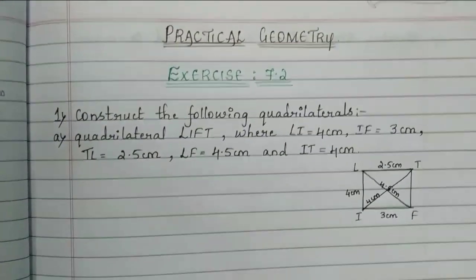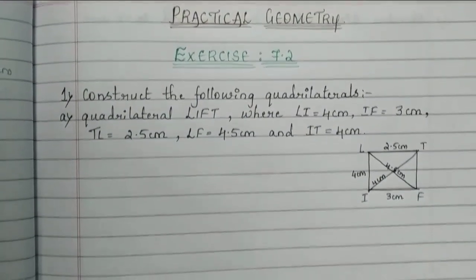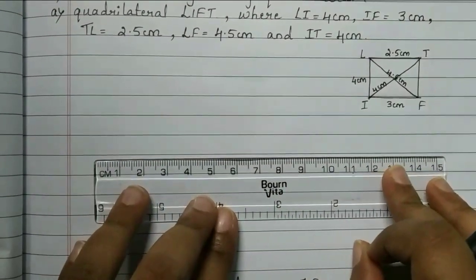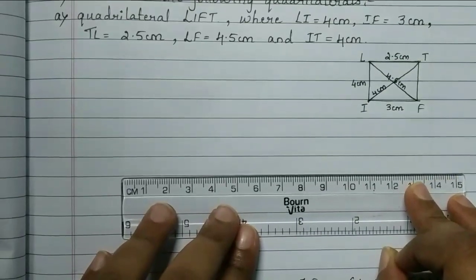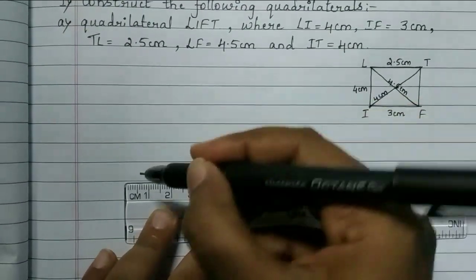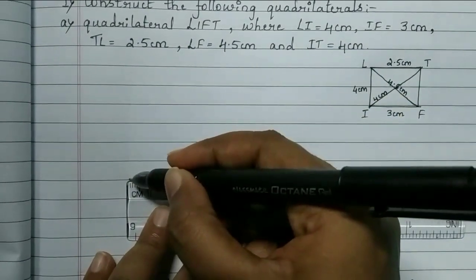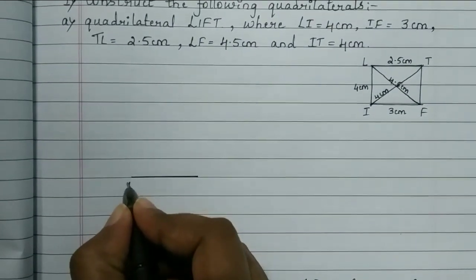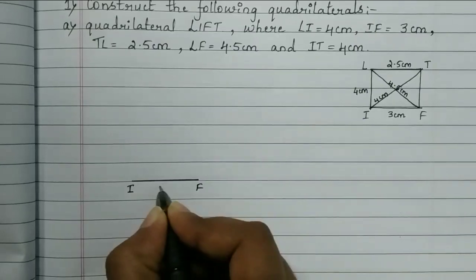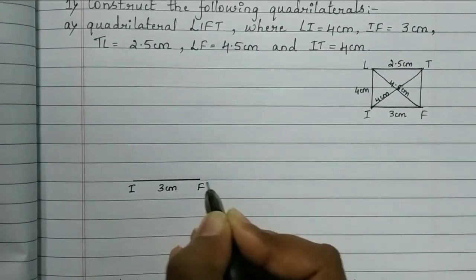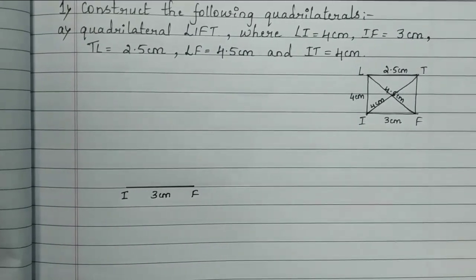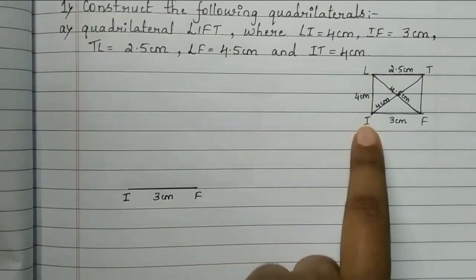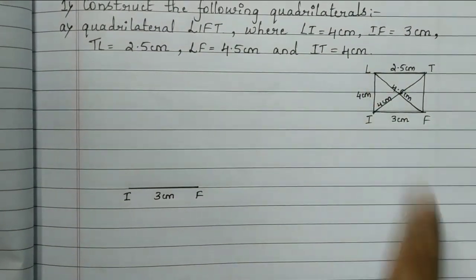The first thing we need is IF, which must be equal to 3 cm. First we have to draw this IF, that is 3 cm. Let us name this as IF, which is 3 cm. Next we need LI, that is 4 cm.